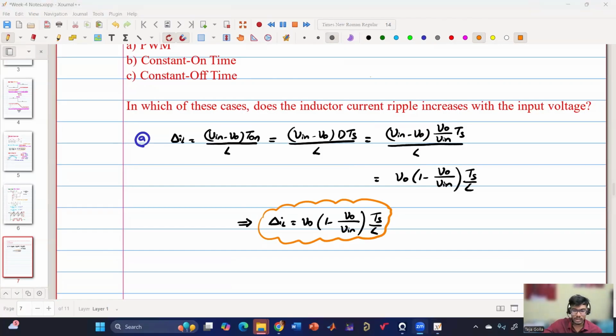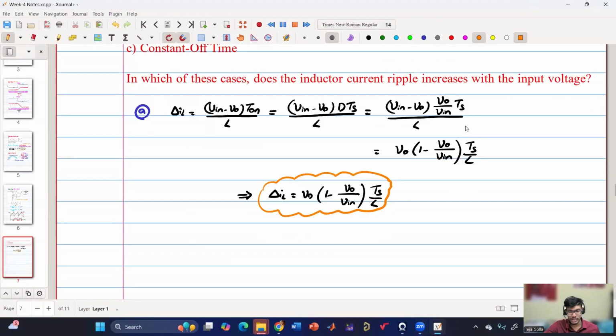So now tell me, if V in increases, does the ripple increase or decrease? Ripple increases when V in increases, yes.